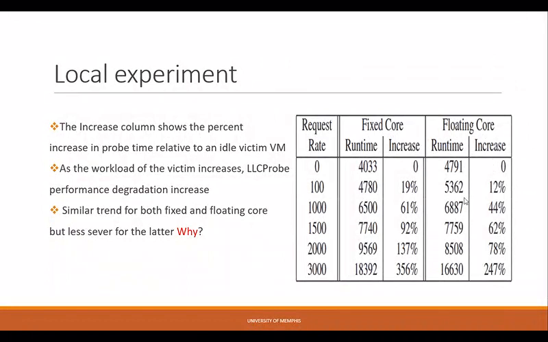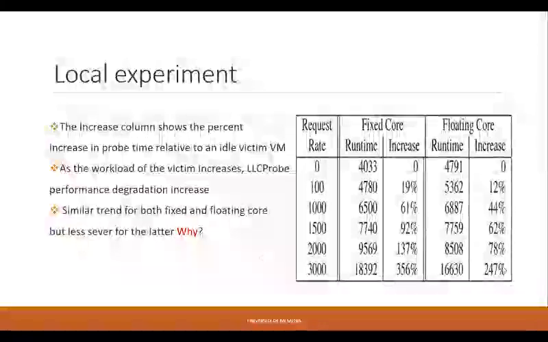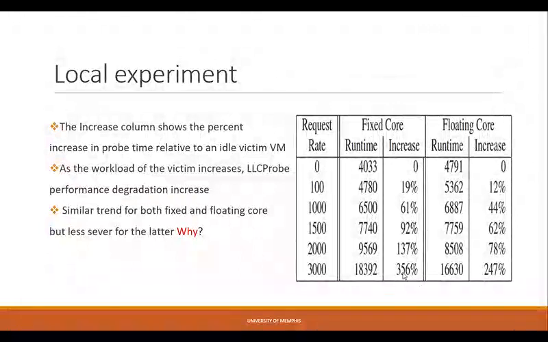Here, this is the same situation, but in the case of a floating core, where you allow the virtual machine to run on every core on the physical machine. If you notice, it represents the same trend. There is a degradation also with the increasing number of requests, but it's a little bit better than this.